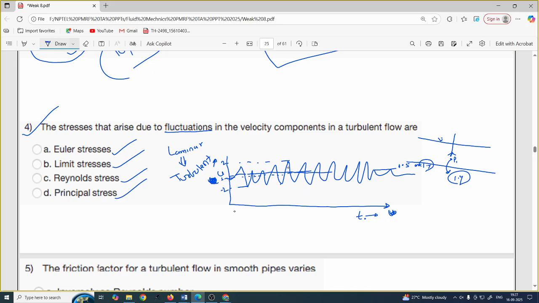Here we are talking about the fluctuation in velocity. Let us suppose you have got the average line here. With this average line, this much velocity is known as the fluctuation. This will be represented by u and this is represented by u dash.